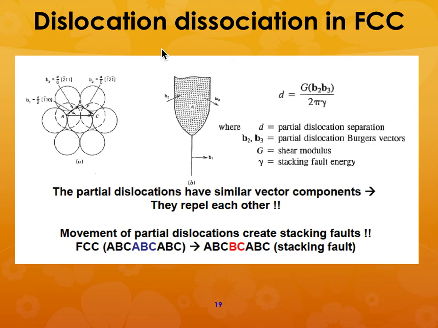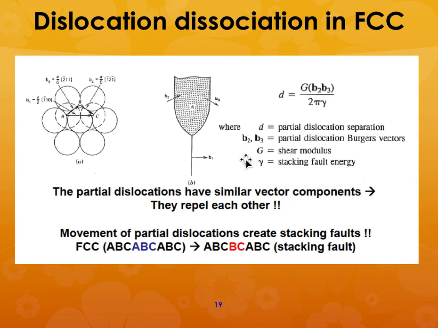That stacking fault is actually seen under the microscope as an area of high energy, where this distance is called d, between the partial dislocations. b1, b2 and b3 are the partial dislocation Burgers vectors, G is the shear modulus, and gamma is the stacking fault energy.